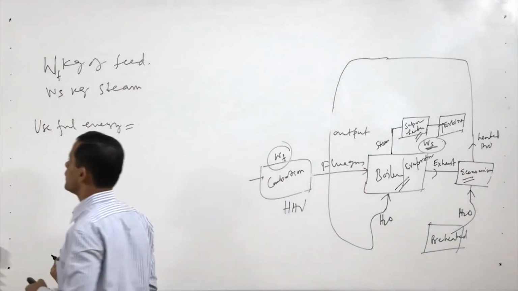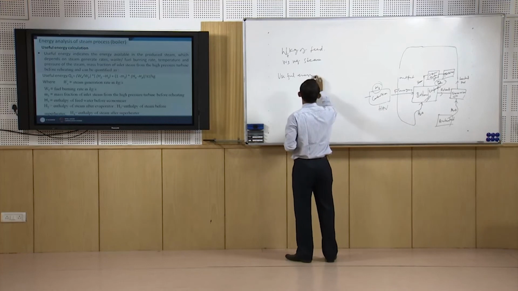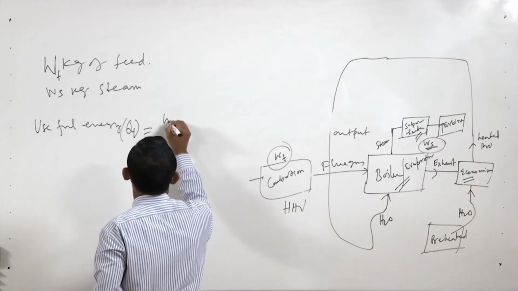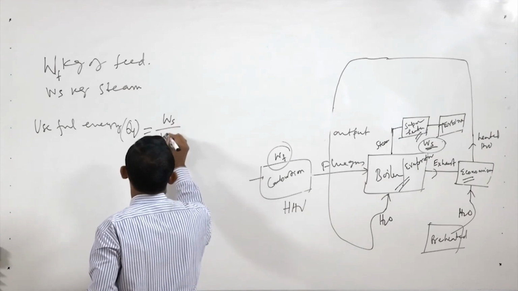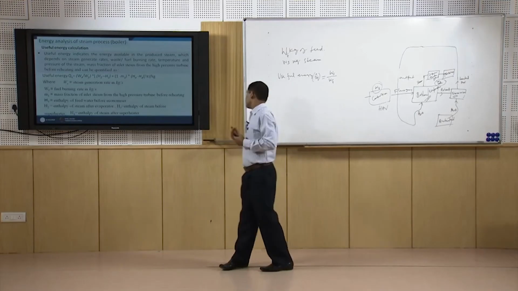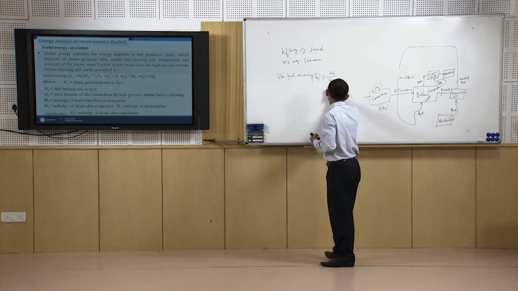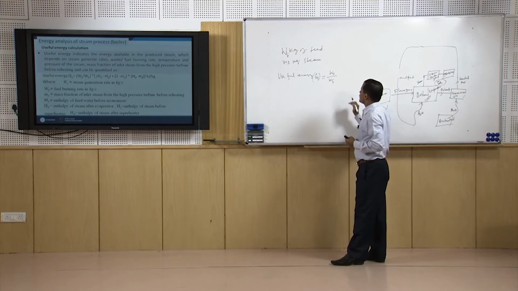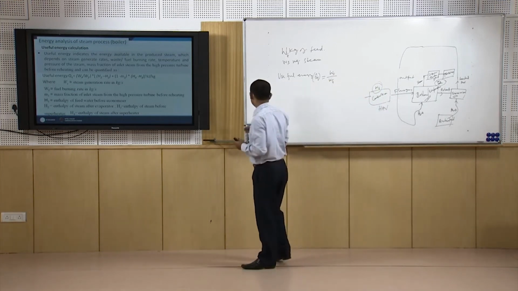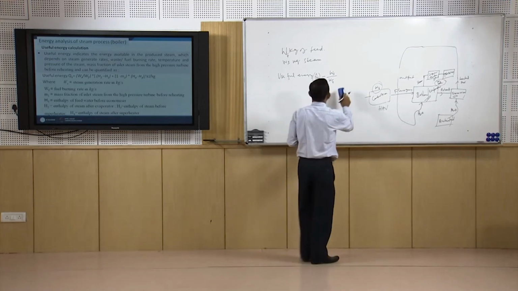So, useful energy in this case, if we define it as Q1, is equal to Ws by Wf. Ws is the kg of steam generated and Wf is the kg of fuel we are using. So, Ws by Wf is the steam generated per kg of feedstock.